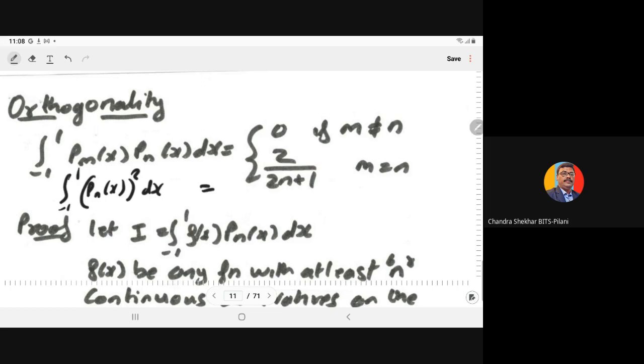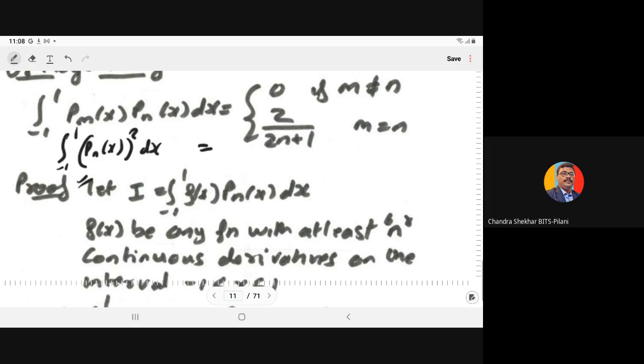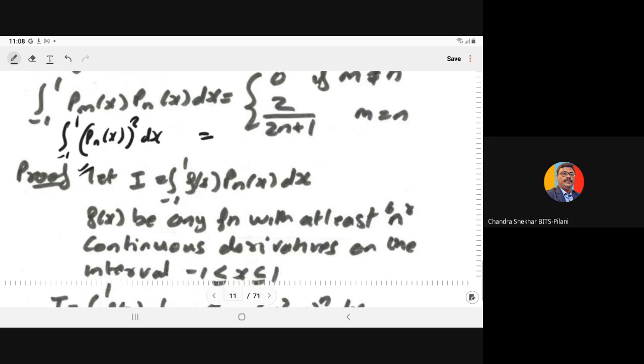So for this, we have assumed one integral I, the integral from -1 to 1 of f(x) Pm(x) dx, right? So what type of function must f(x) be? f(x) must be any function with at least n continuous derivatives.